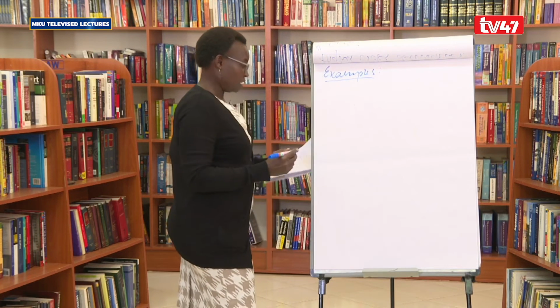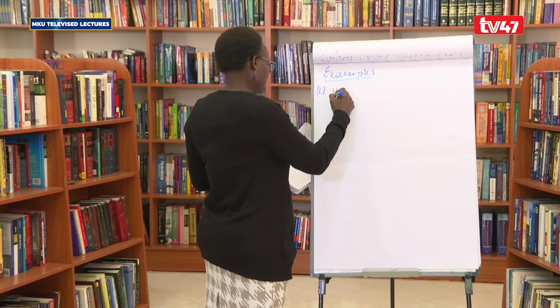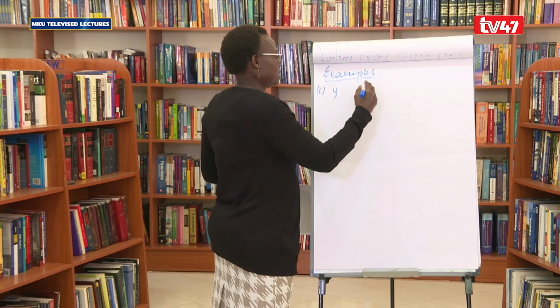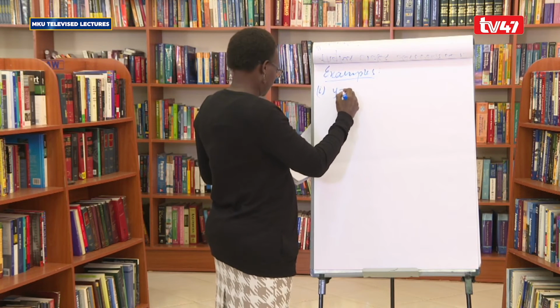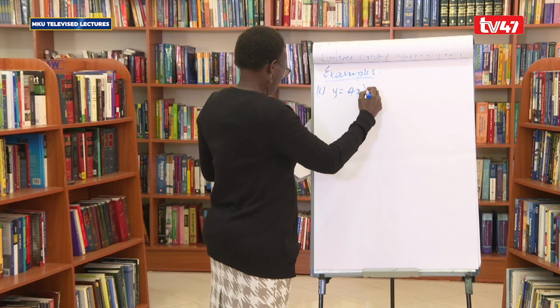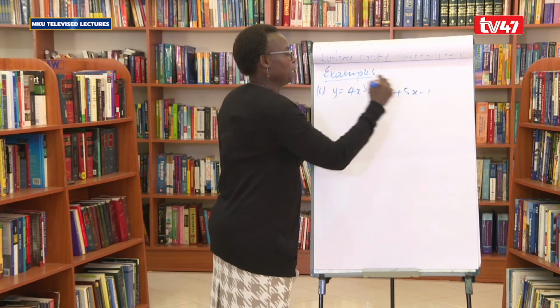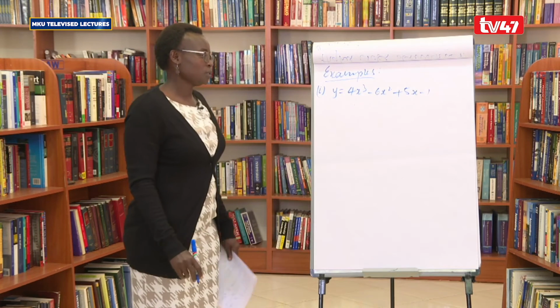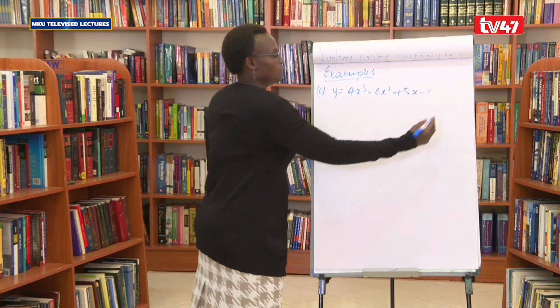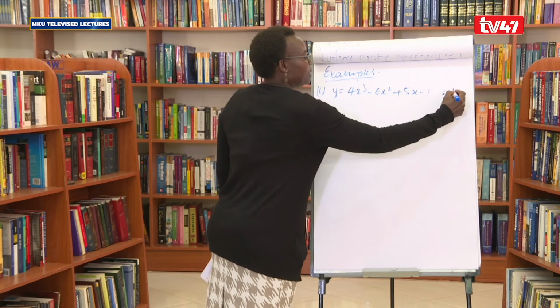So the first example, we are supposed to get the third derivative. So y is 4x cubed minus 6x squared plus 5x minus 1. This is the function you're given.